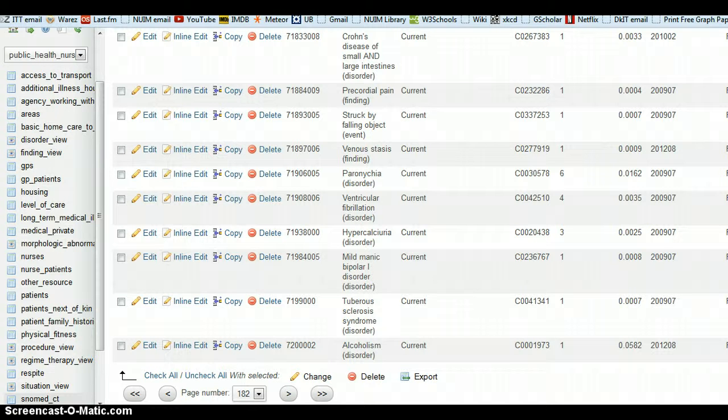So what is interoperability really? It's the ability of two or more systems or components to exchange information and to use information that has been exchanged.